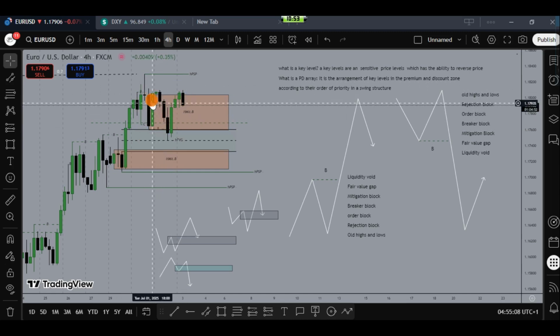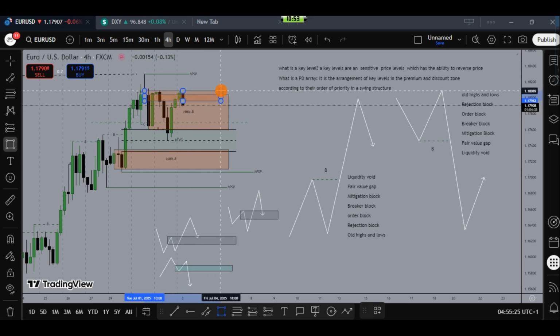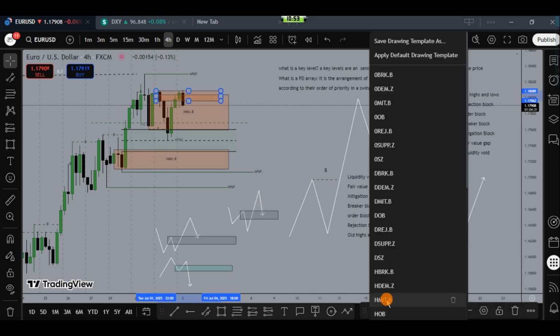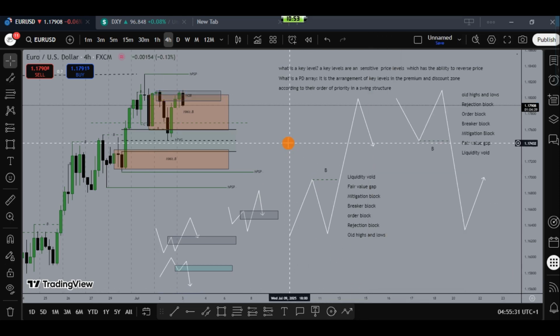That's for a sell model: the last buy candle in a selling market is a bearish order block. A bullish order block is the last buying candle in a bullish market. So I have my order block here. This is messy, yes, I know. So this is it, the order block.